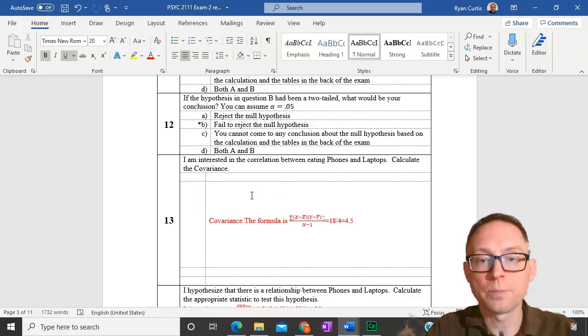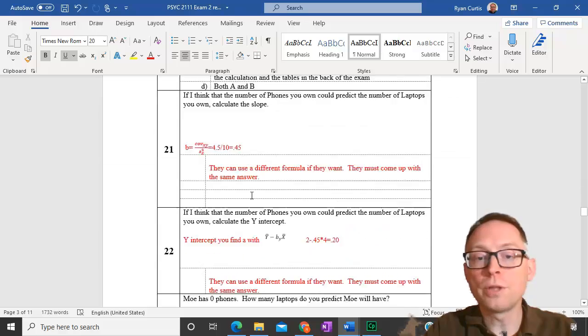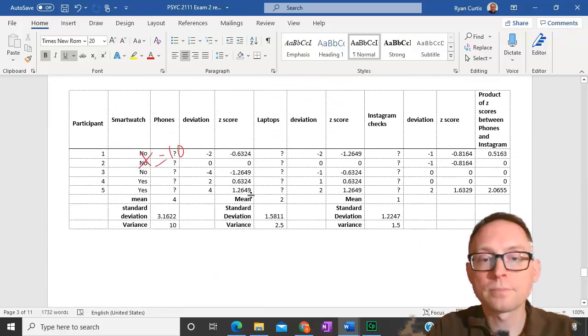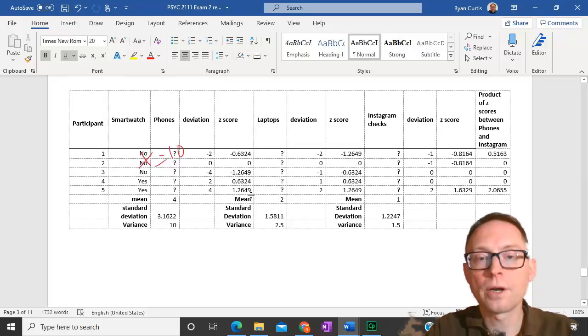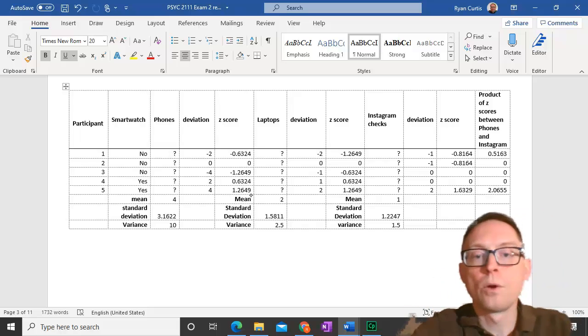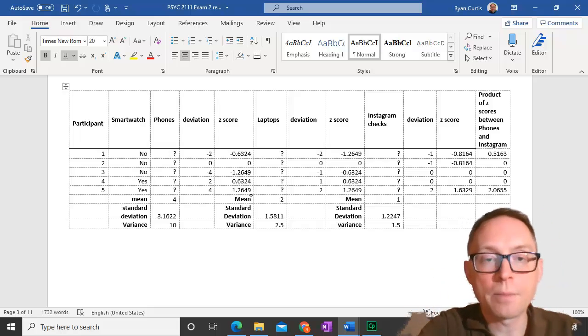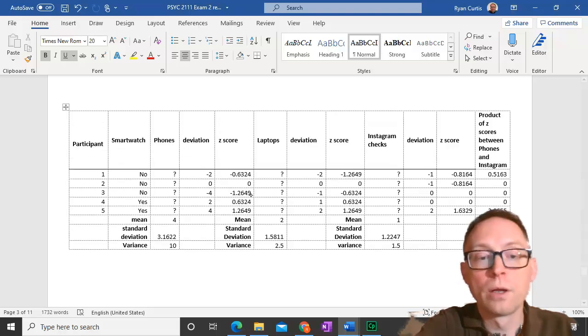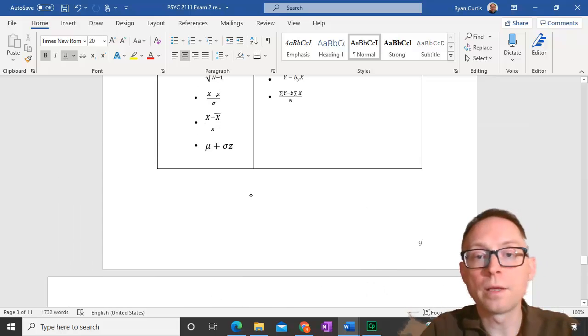The way you do this is you look at the data. Here's our data. Let's go ahead and get rid of this old X over here. We want phones and laptops. So what we need to do is calculate the covariance. Now, let me show you the formula for covariance.